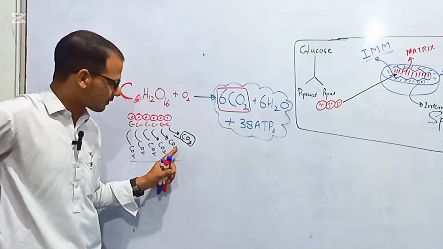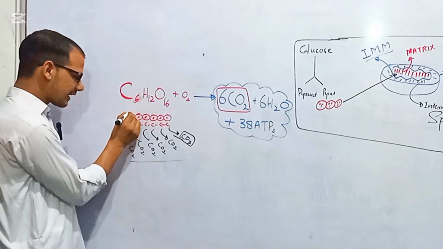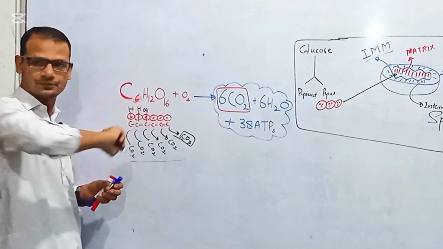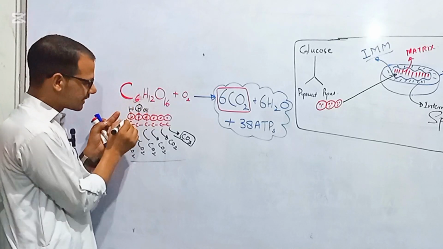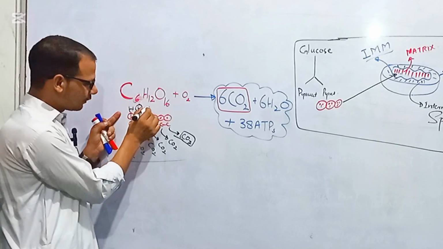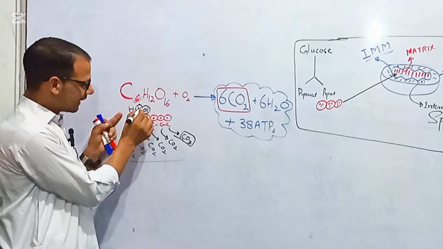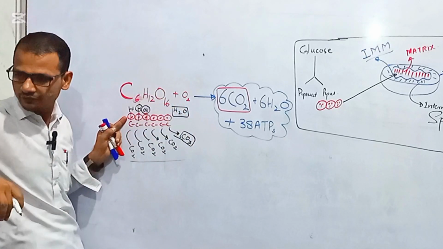But when there is a decarboxylation reaction, because these carbons are attached to hydrogens and hydroxyl groups, right? So for example, from here 1 hydrogen is excreted and 1 hydroxyl group, and it will form water.